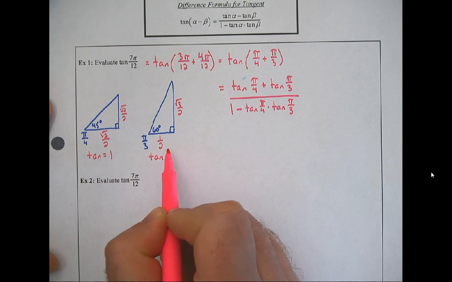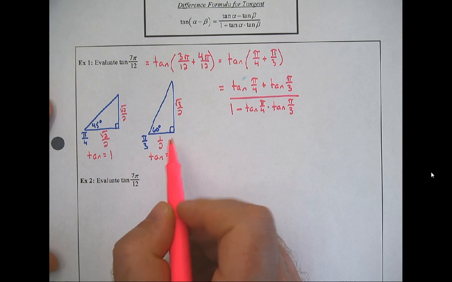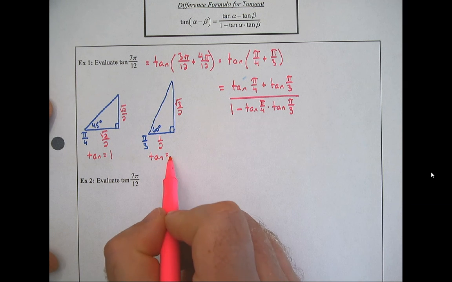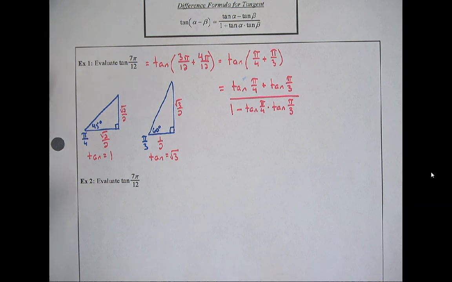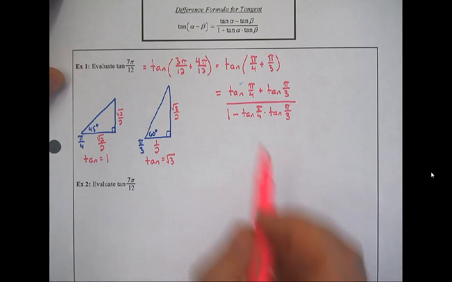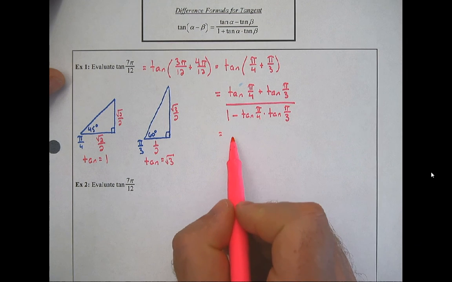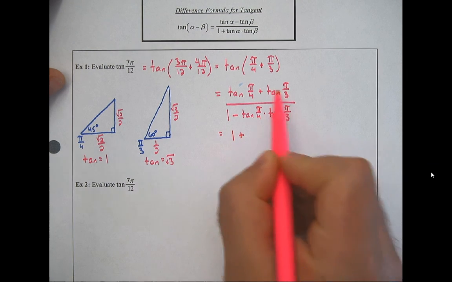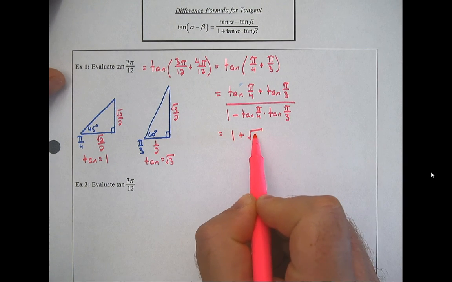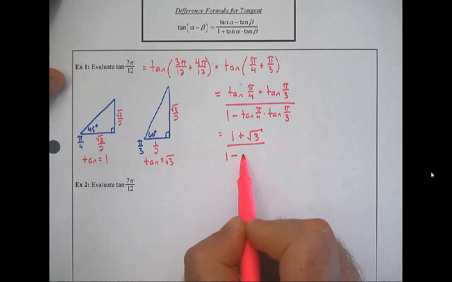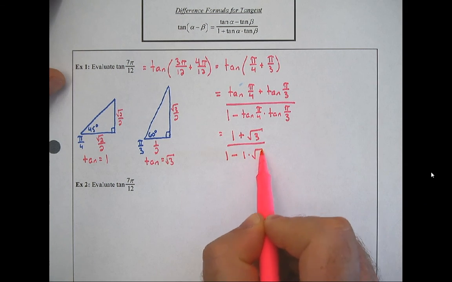Tangent of pi over 3 ends up being square root 3. Okay, so let's plug those back into our equation. So this equals tangent of pi over 4 is 1, plus tangent of pi over 3 is root 3, over 1 minus tangent of pi over 4 is 1 times root 3.